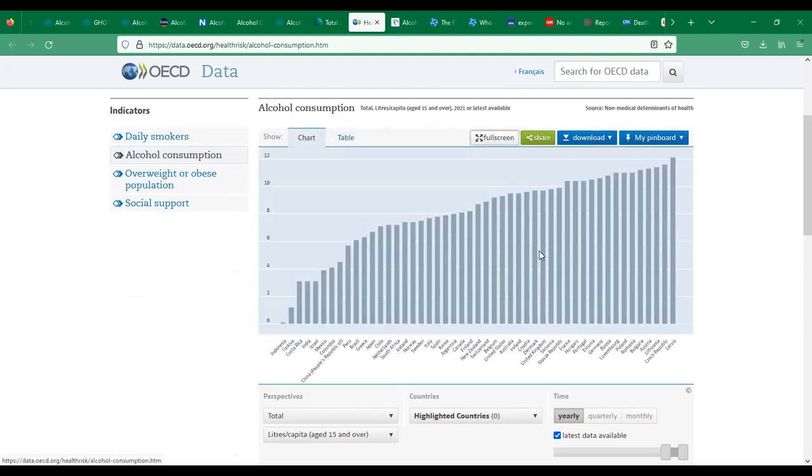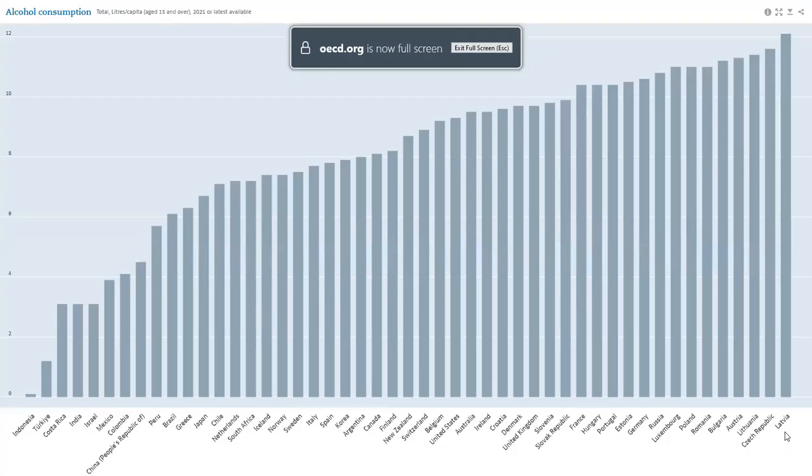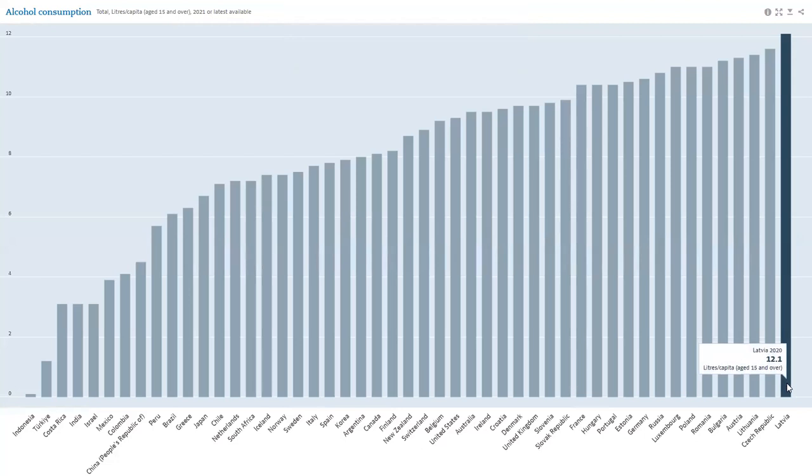We're looking at Eastern Europe: Latvia, Czech Republic, Lithuania, Austria, Bulgaria, Romania, Poland, Luxembourg, Russia, Germany, Estonia. The United Kingdom is in here too. Then you move on.